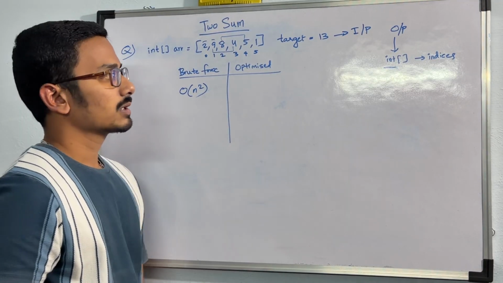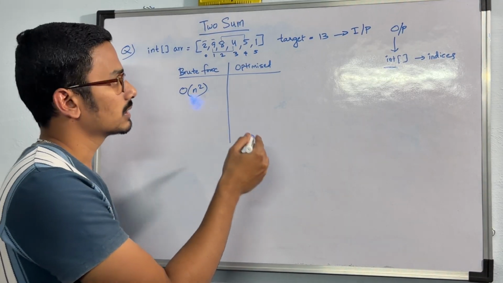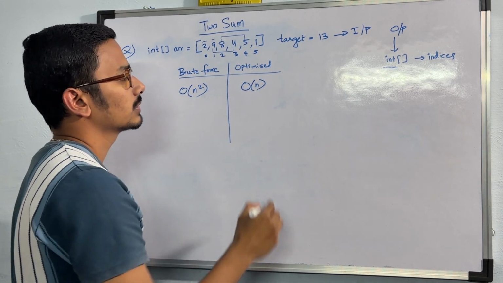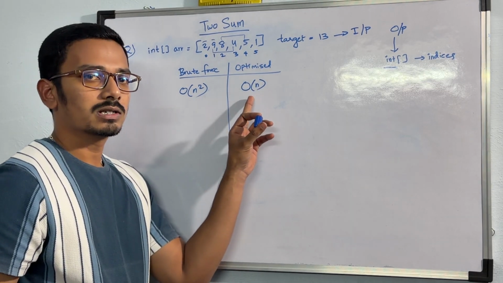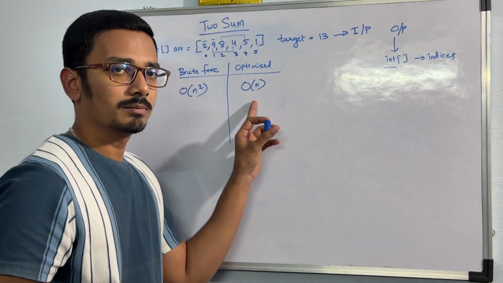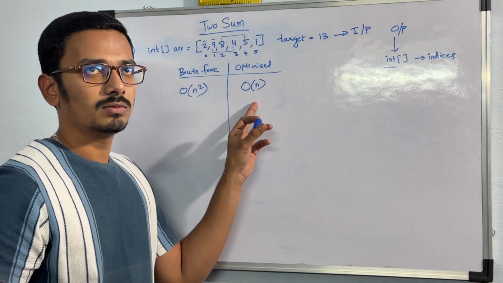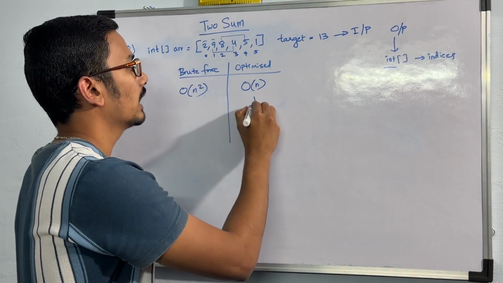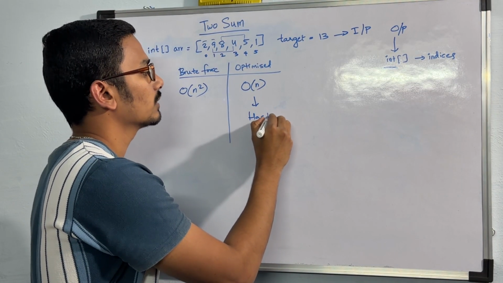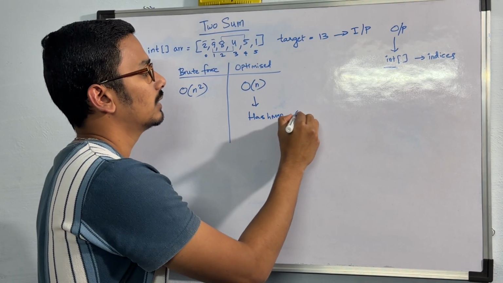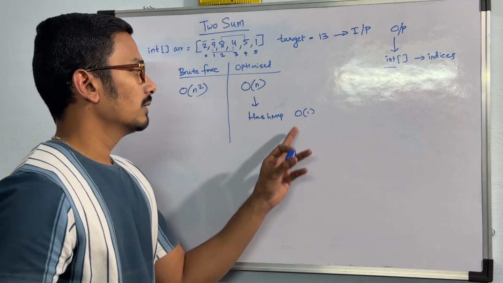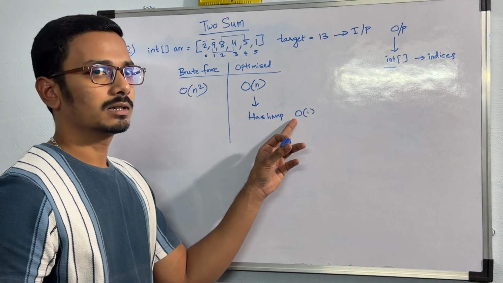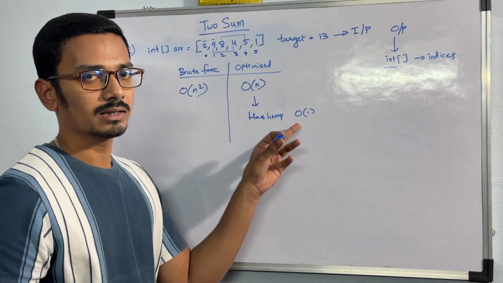In the optimized approach, which we're going to discuss in this video, the complexity will be O of n. So how are we achieving this O of n optimized complexity? The main helper in this optimized solution is the hash map, because hash map has O of 1 complexity for putting into the hash map and for fetching from the hash map, for storing and getting the values.